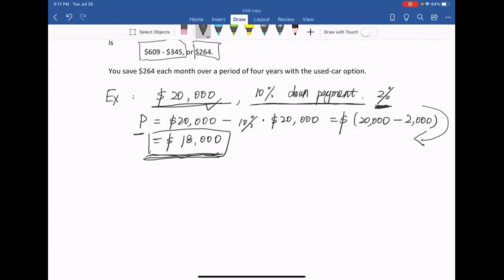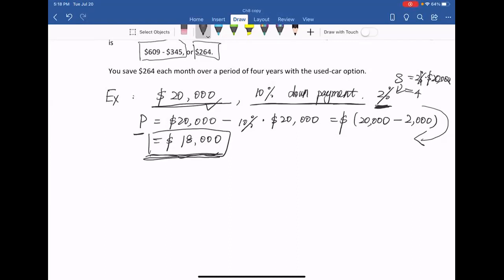So they will ask you to calculate the processing fee. For example, I use S to represent the processing fee. S equals 2% times $20,000. What's that?